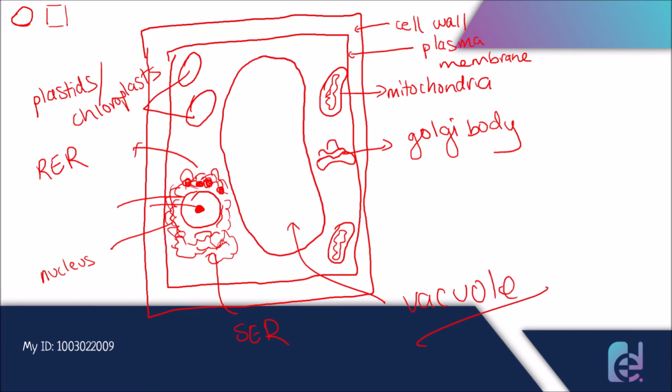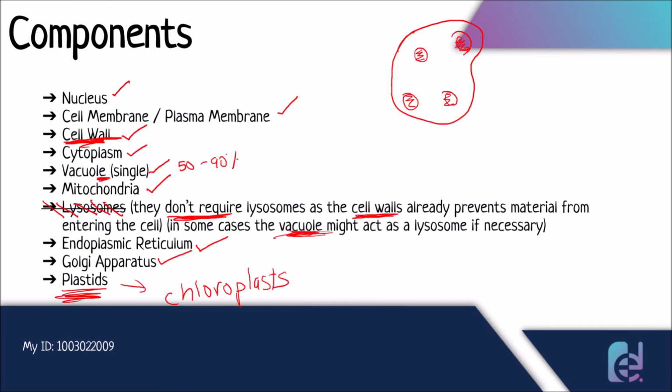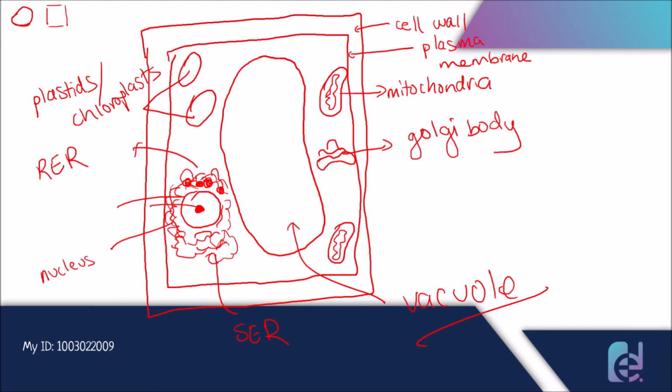So now we have the diagram of the plant cell and animal cell done, but we're forgetting one thing. If we move back, we forgot the cytoplasm. Normally everyone just forgets to put the cytoplasm inside their cell diagrams, but that is actually the most important thing.